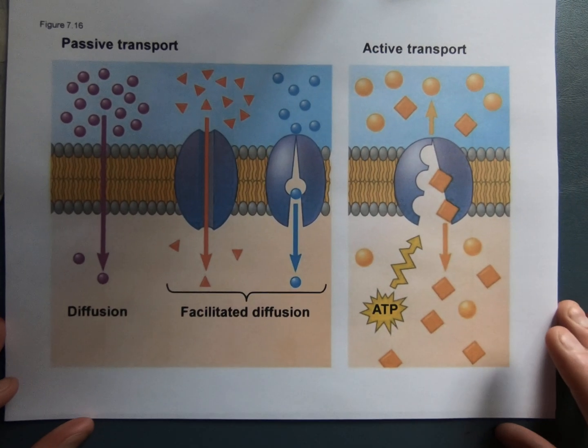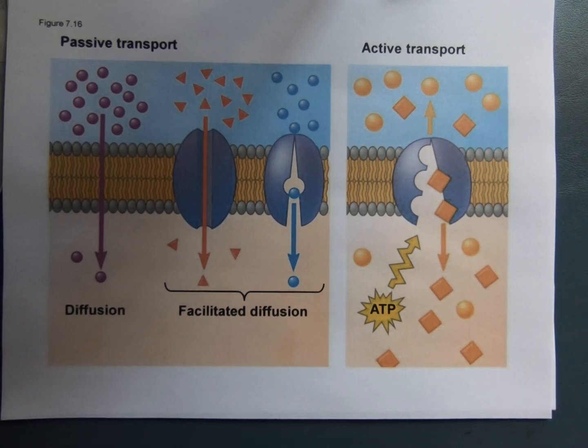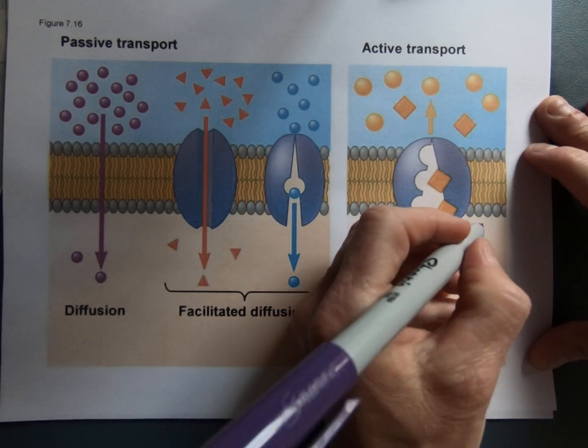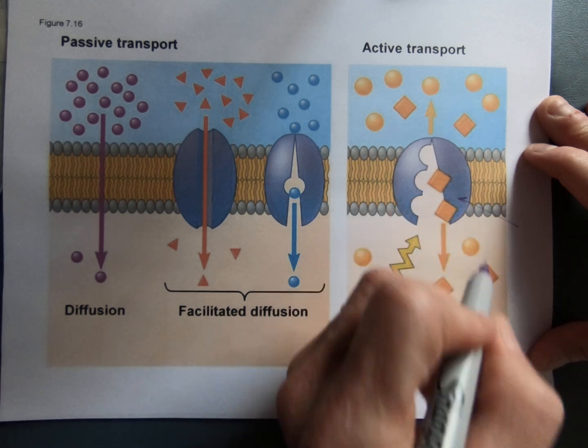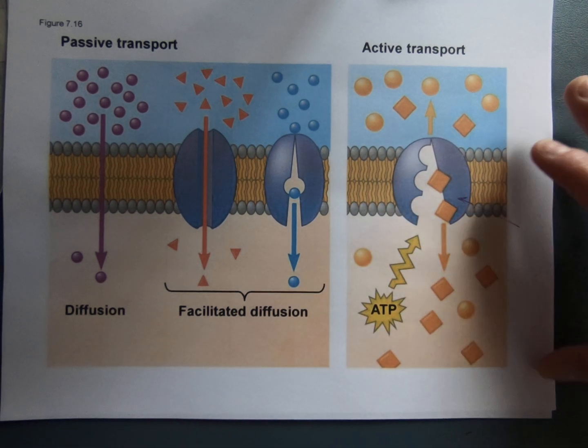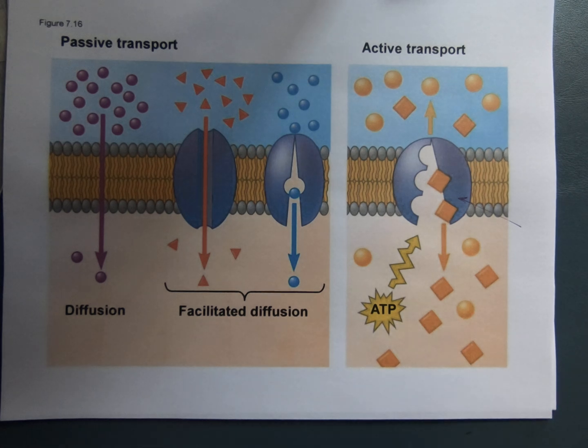Here's another picture from our textbook that you can compare and contrast both passive and active transport. The kicker here is this active transport is a little bit complicated. This protein that's involved in active transport here, it's transporting two different types of molecules, but they're both going against their concentration gradients.